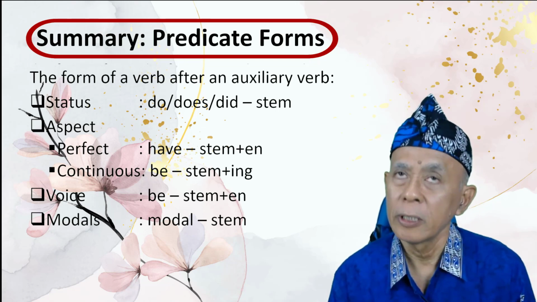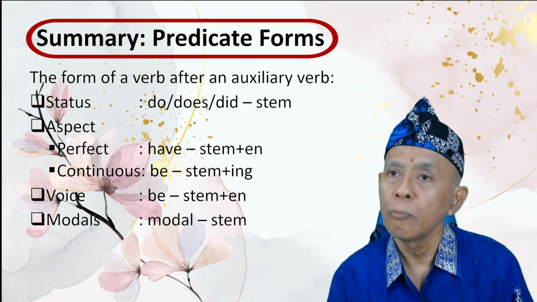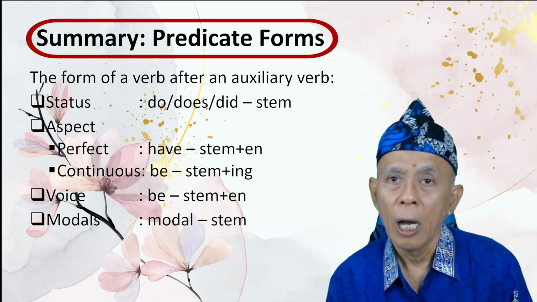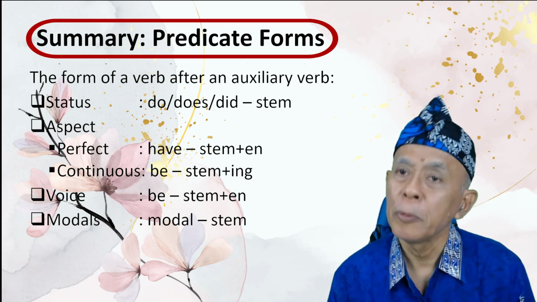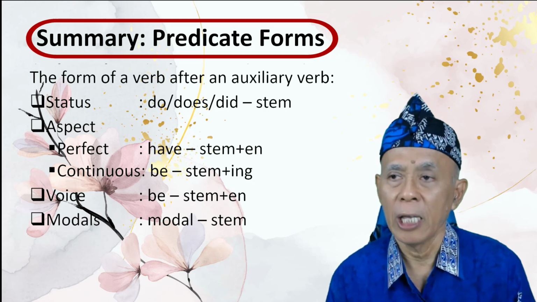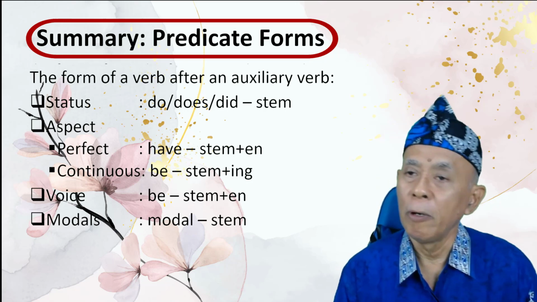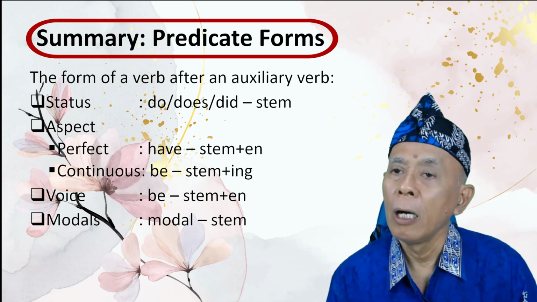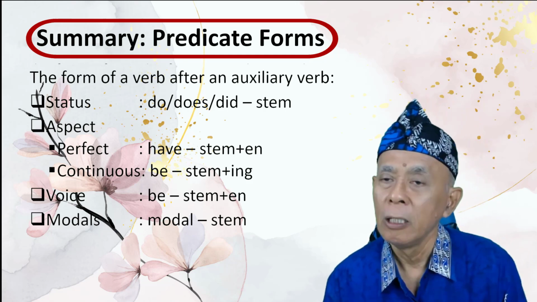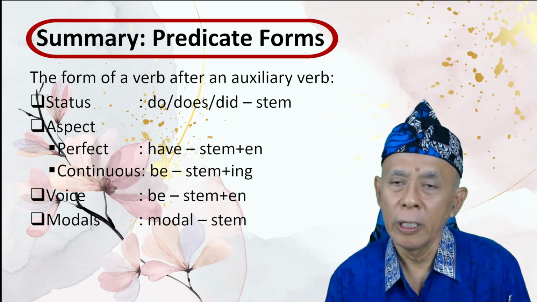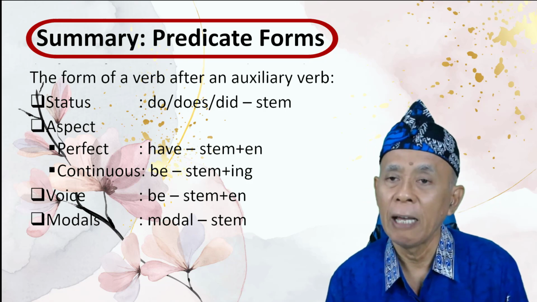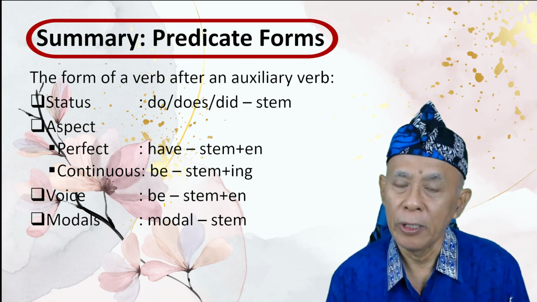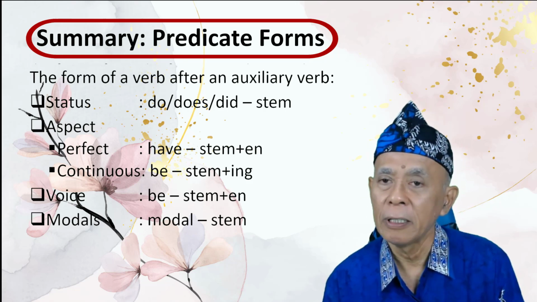The summary shows what the predicate verb should be after an auxiliary verb. If we have a sentence auxiliary verb, do, does, did, we need to have the stem. If we have a perfect aspect, we have the stem plus en. The term for the verb plus ed after perfect is stem plus en because we have many verbs which end with en, like broken, shaken, and so on.